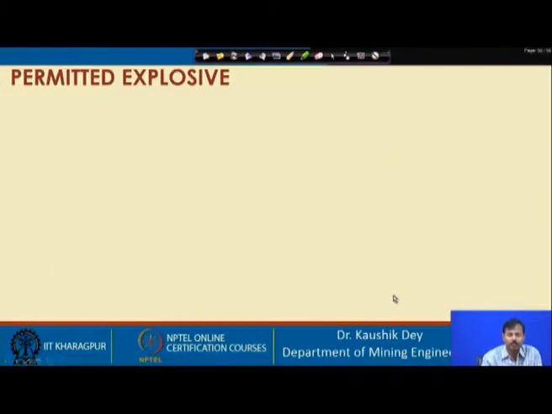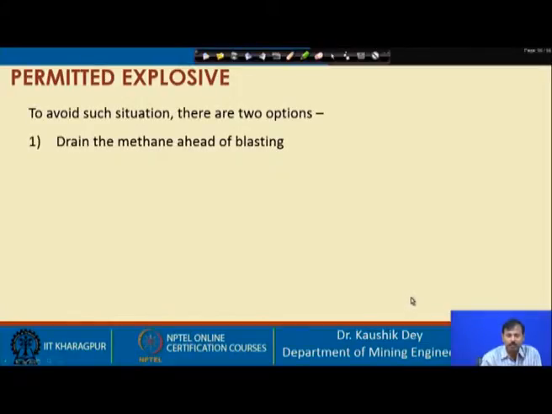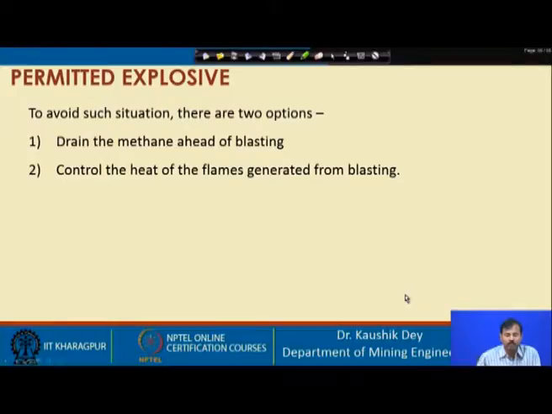What is the first precaution? To avoid that situation, we have to control two things. First, we have to drain the methane ahead of the blasting.